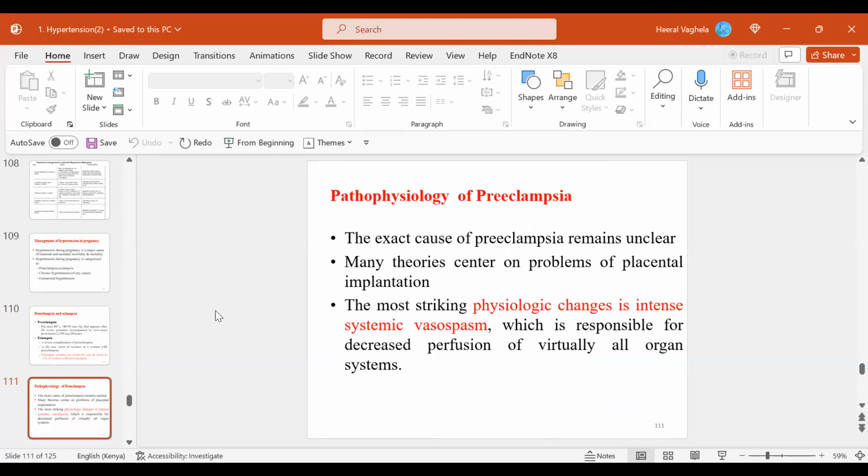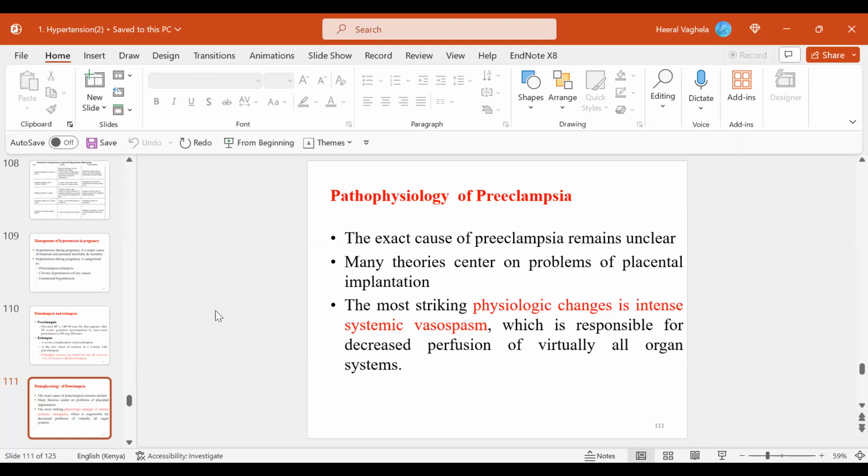So the pathophysiology is just that there is a systemic vasospasm which decreases perfusion to all organ systems, and sometimes there's less oxygen going into these organs.